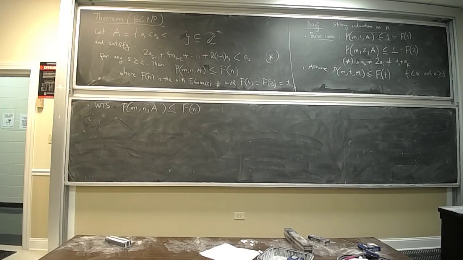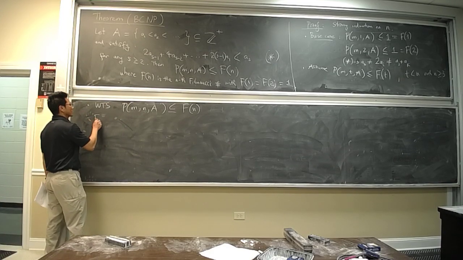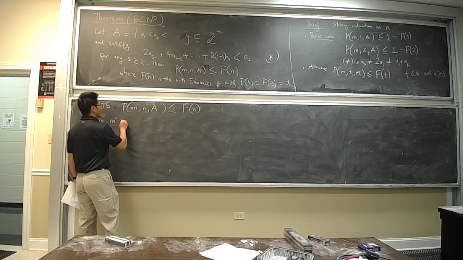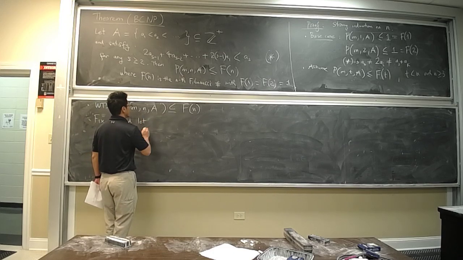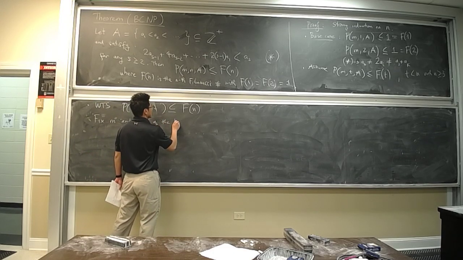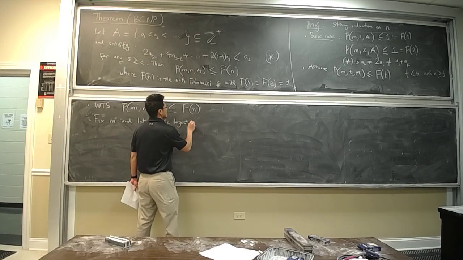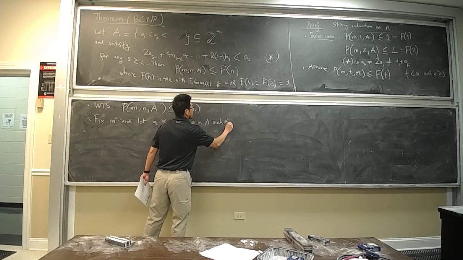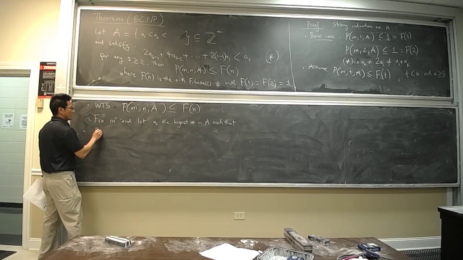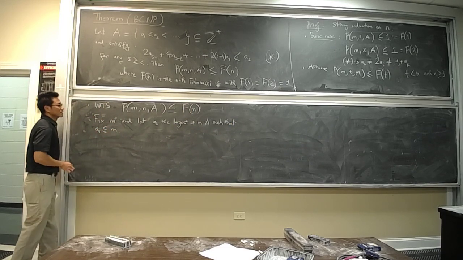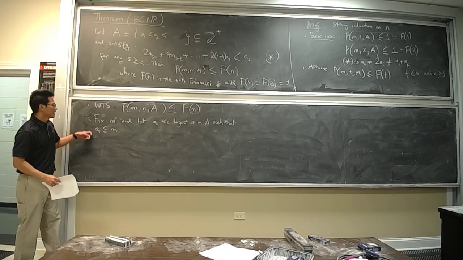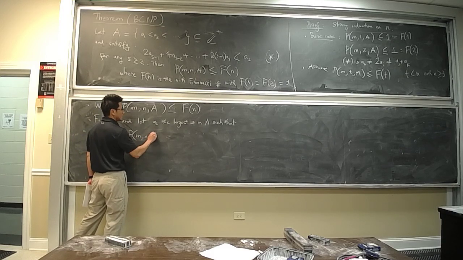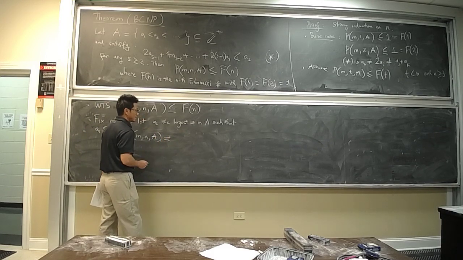Okay, so first of all, I'm going to fix an n, and let a sub s be the largest number in A such that a sub s less than or equal to m.